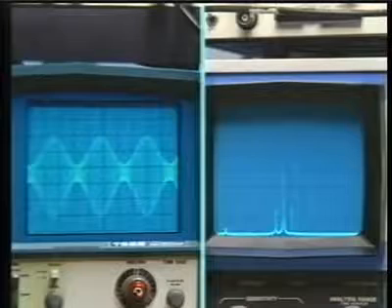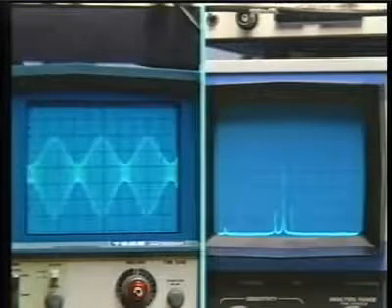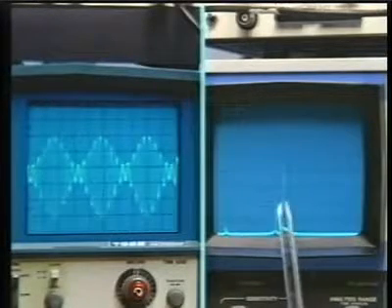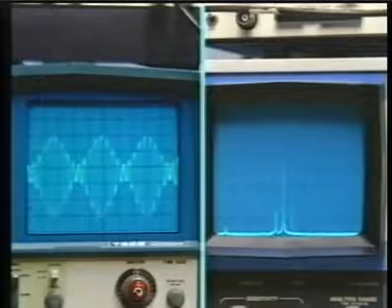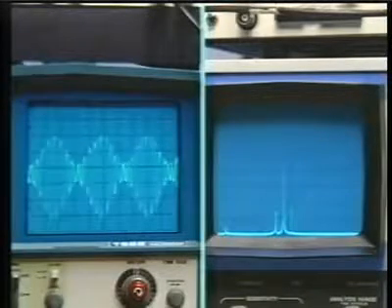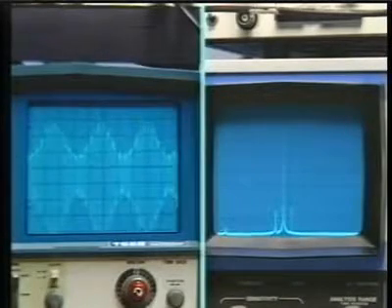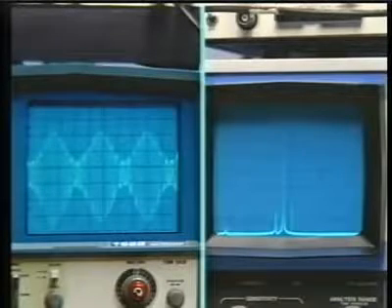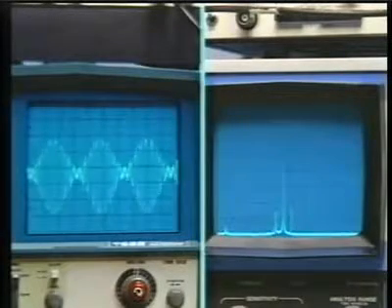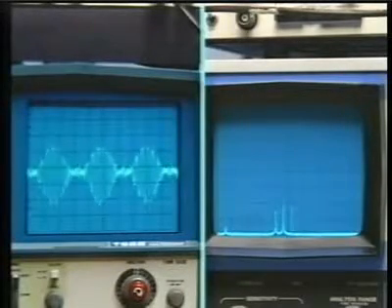And Sandy had also commented that we can change the carrier level, and let's do that on the modulator box. We could do that either by changing a DC offset on the modulating signal or by changing the amount of carrier that's injected.